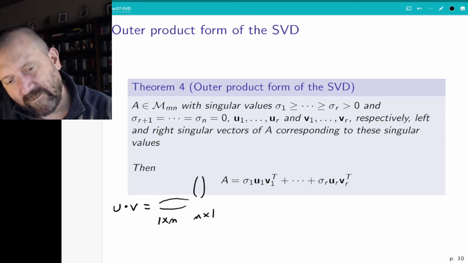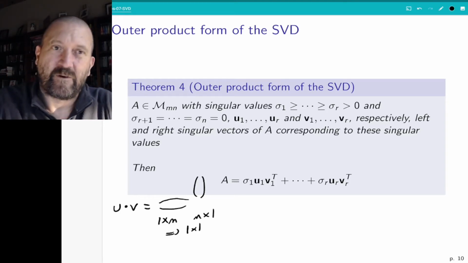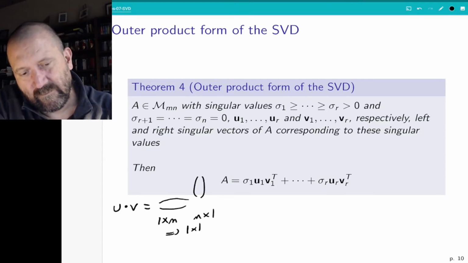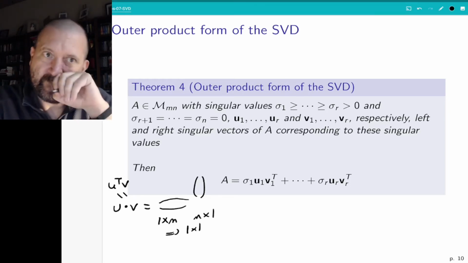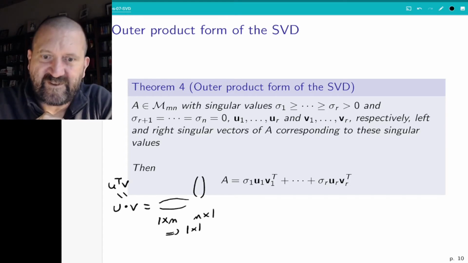So your result is 1 by 1. So it's a scalar. Okay, that's how we got that u dot v is equal to u transpose v.